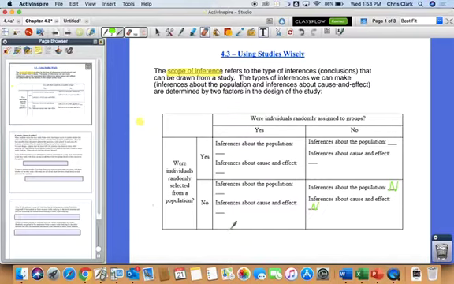So if I don't randomly select from the population, but I randomly assign to groups, this would be like if I had volunteers volunteer for an experiment, and I randomly assign them treatment. This is most experiments.